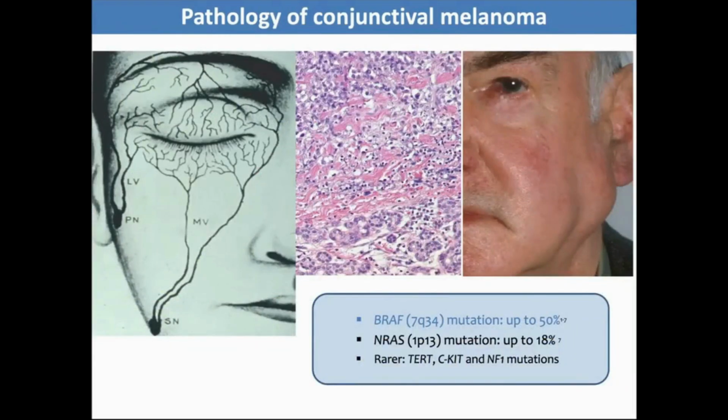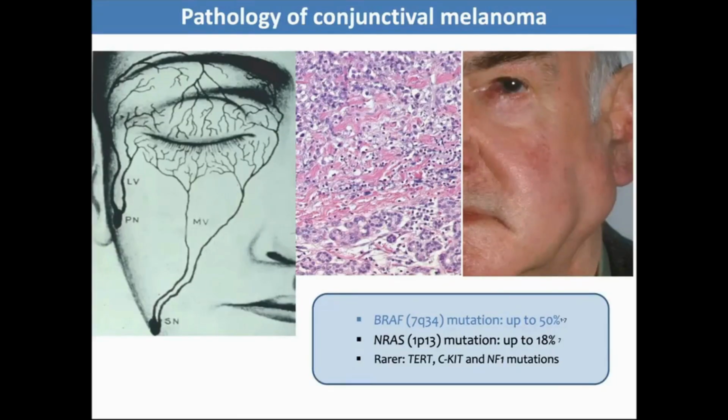They spread via both means and can involve the lymph nodes within the parotid gland or the cervical gland. And what is important to note also is that they have BRAF mutations in up to 50% of the tumors.